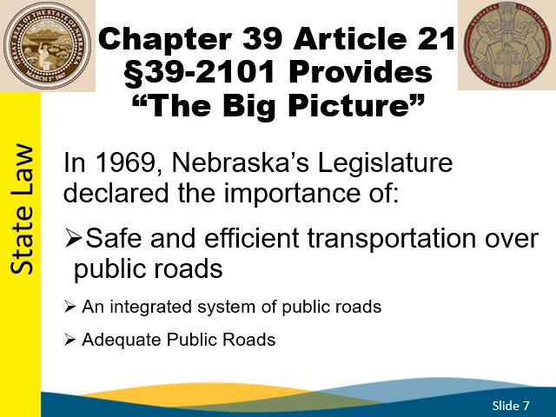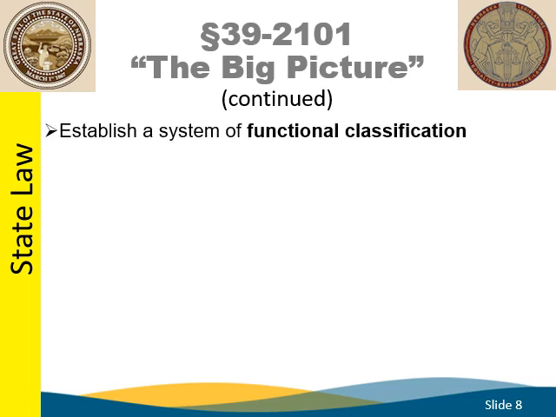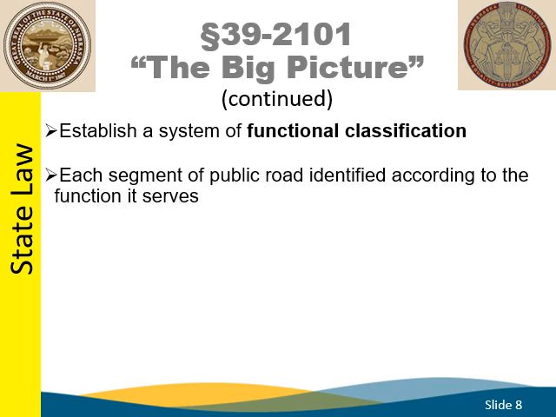progress of the state. Fundamental to the development of an integrated system of public roads is a determination of the function that each road segment serves. This is where the video on functional classification basics fits into the big picture. Through adoption by law of a functional classification system, it is the intent of the legislature that each segment of public road shall be identified according to the function it serves.